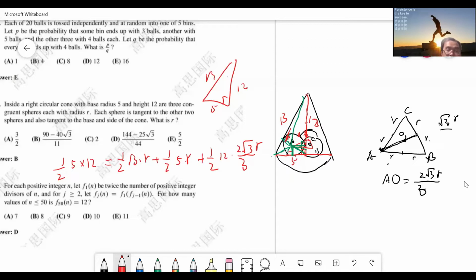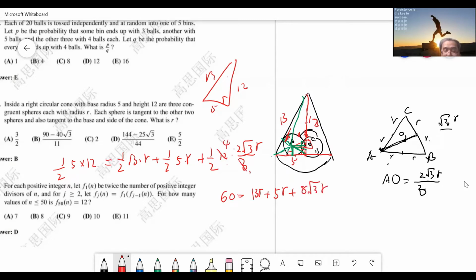We multiply both sides by 2, and we have 60 equals 13r plus 5r, plus, for this part, 12 and 3 cancel, so that's 4 times 2, that's 8 square root 3 r.